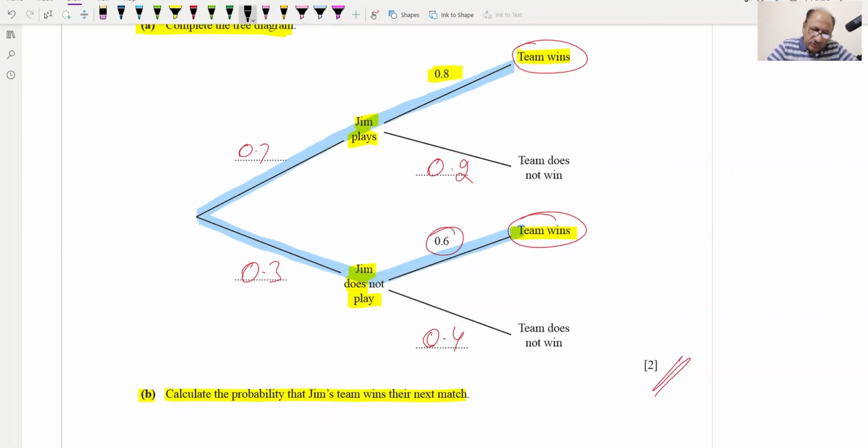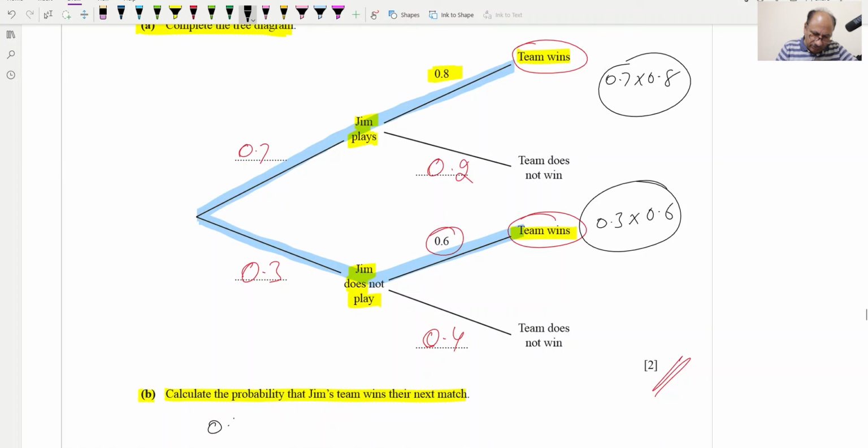To calculate this route, we write 0.7 into 0.8, and this one will be 0.3 multiplied by 0.6. So these two answers we will be adding. I will copy 0.7 into 0.8 plus 0.3 into 0.6, and this will be giving us the probability for the next win.